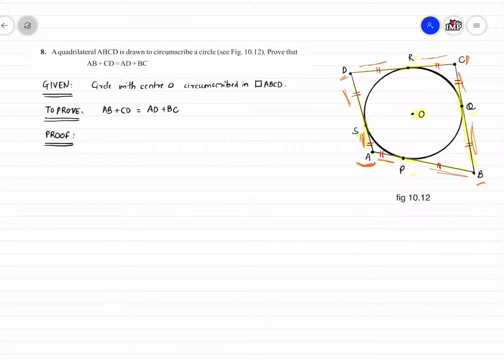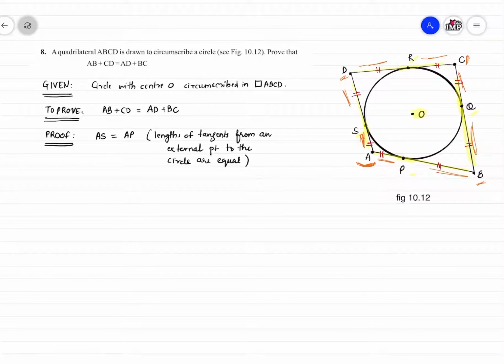Okay. So firstly, let's begin by writing these pairs of lengths of tangents which are equal to each other. So AS is equal to AP, lengths of tangents from an external point to the circle are equal.